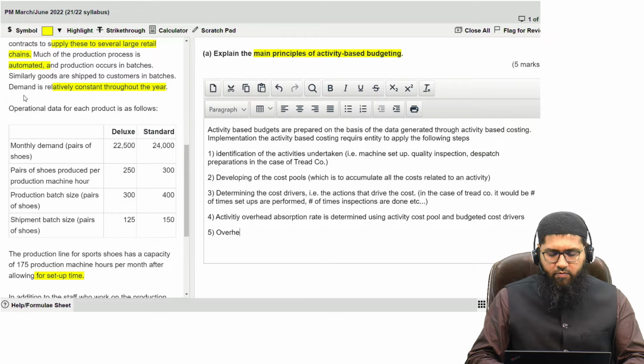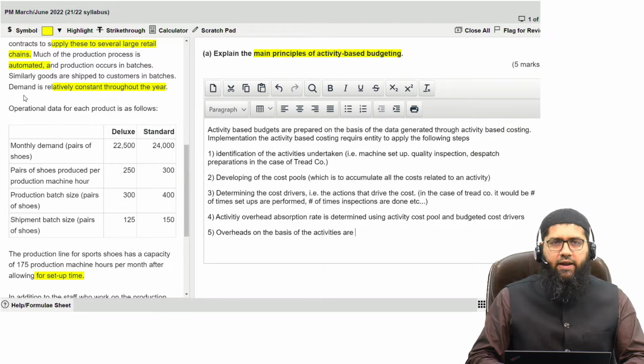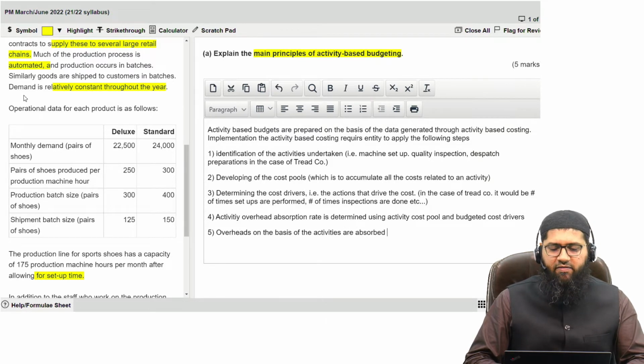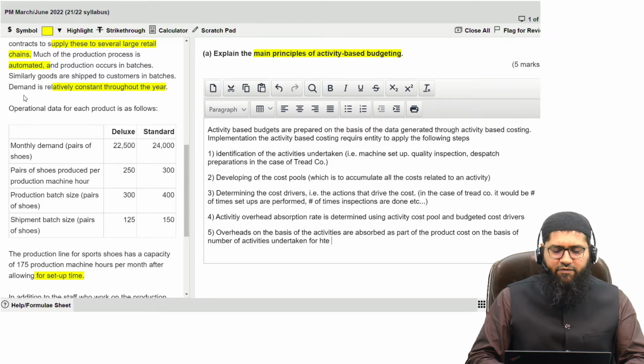The overheads on the basis of the activities are absorbed as part of the product cost on the basis of the number of activities undertaken for the manufacture of such product.